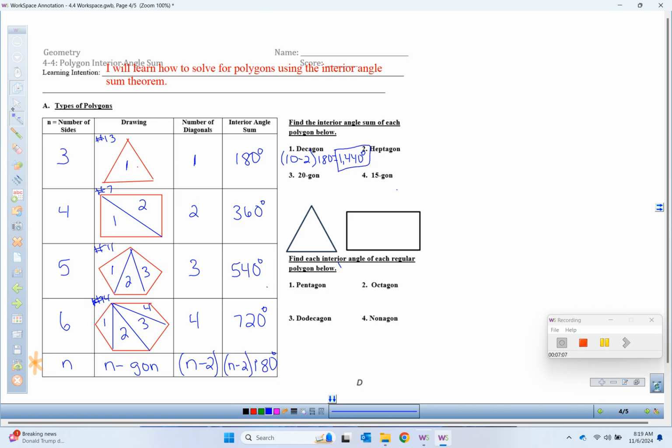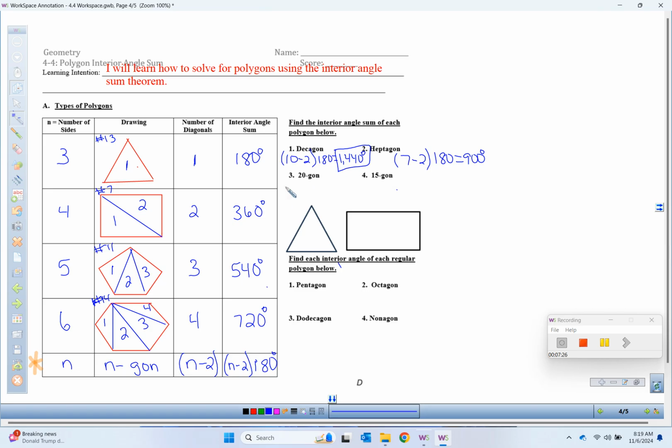Okay, a heptagon. A heptagon has how many sides? 7. So it's this formula right here, minus 2 times 180 equals, and you should get 900 degrees. So this is the sum of the interior angles of a heptagon. Okay, we're going to try a 20gon. Nothing different.